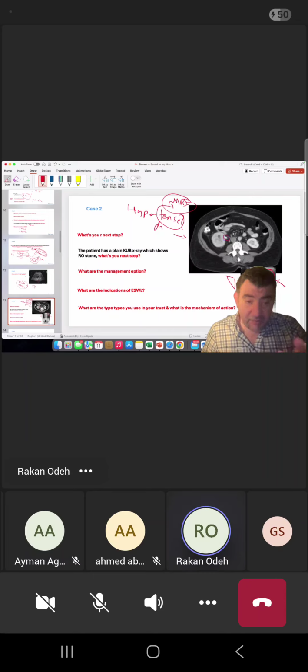This question came in the MUs, East Midlands BOWS. They want you to know that sometimes plain X-rays, the scout film, most of the time are posterior view, so right is right and left is left, like a DMSA scan. So remember that. Don't say this is for another patient, that will fail you.